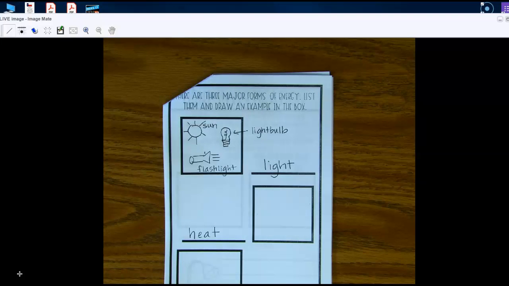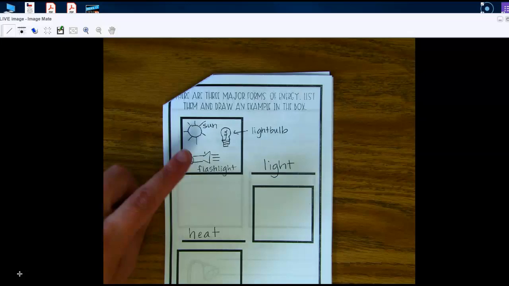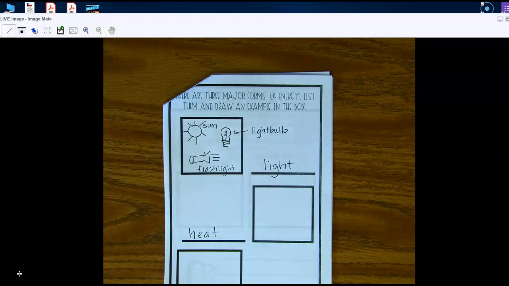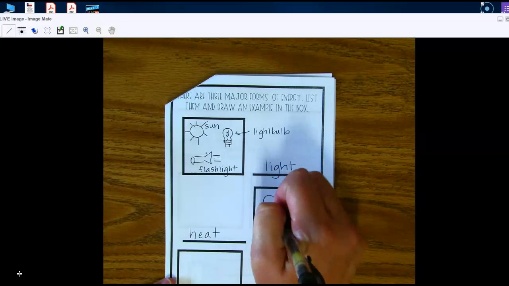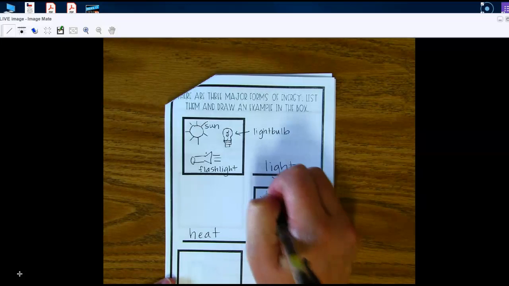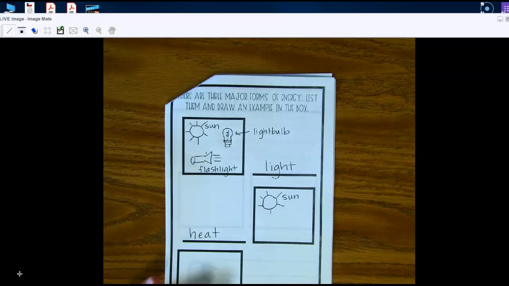Emma? Well, light is another kind of energy. Heat. What's an example of something that puts off heat? What's something that makes things hot? Heather? The sun gives us heat? Yeah, it does. The sun gives us heat and light. That's crazy, isn't it? It does both.